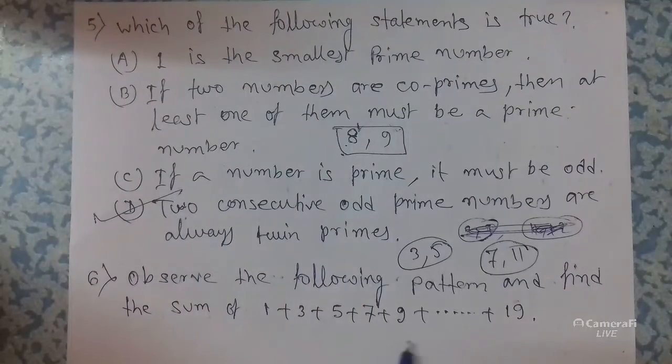So it continues up to 19. 1 plus 3 plus 5 plus 7 plus 9, then 11, then 13, then 15, then 17, then 19.